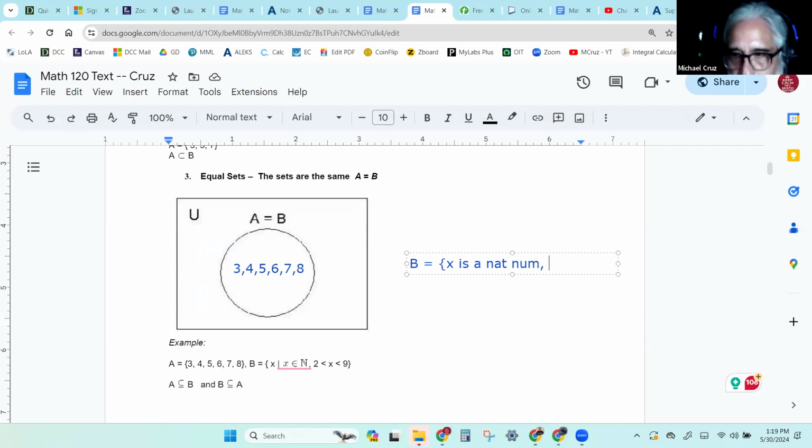So just that, and then I'm gonna go 3, and then I'm gonna come in and I'm gonna write a little line right underneath to show equality. So this is another way that we could represent B using the set builder notation.